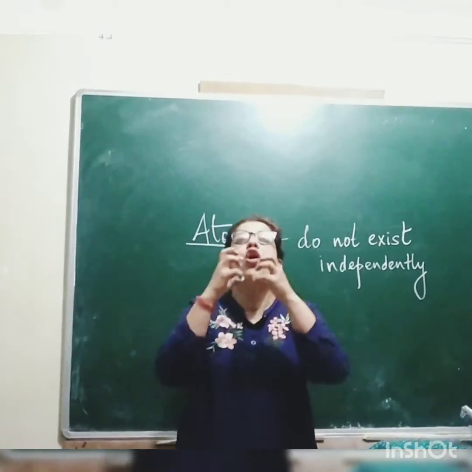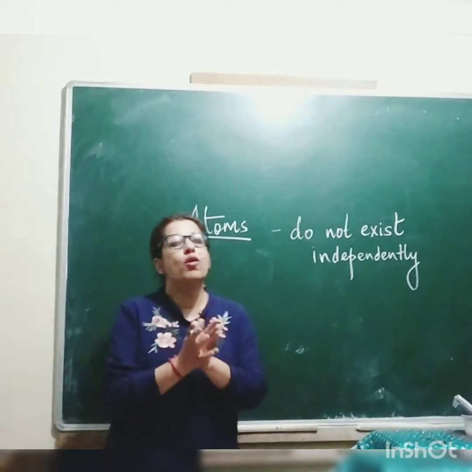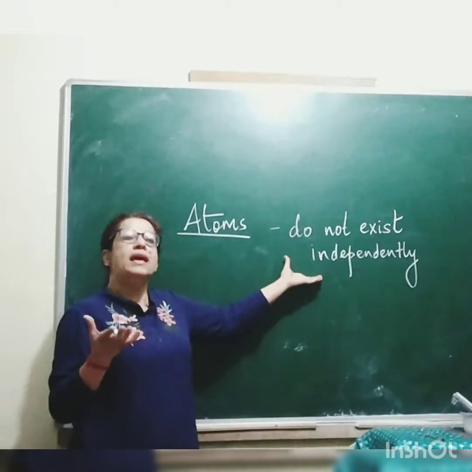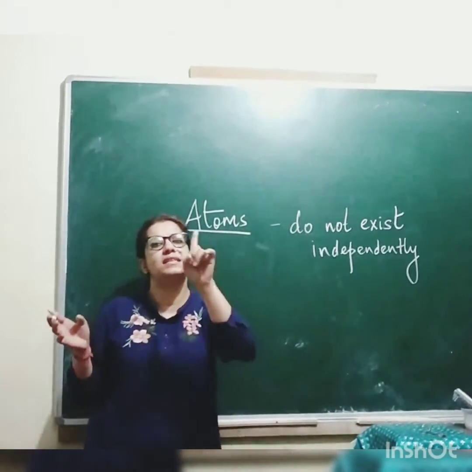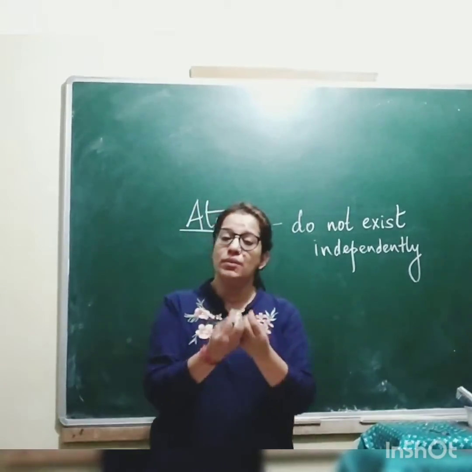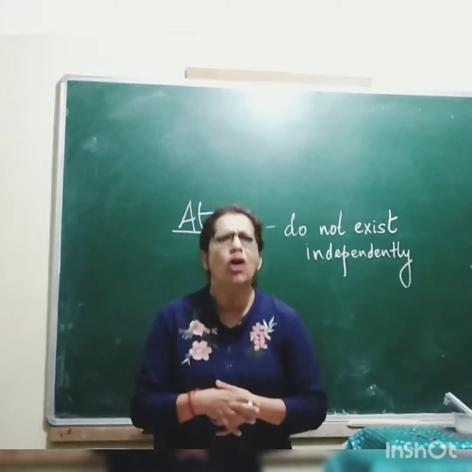An atom always combines with other atoms to form an element or a compound, and then they exist. Okay, so they do not exist independently. You will not find a single atom anywhere. It will combine with another atom to form either an element or we call it a molecule.